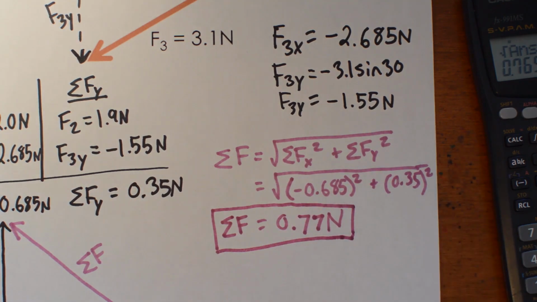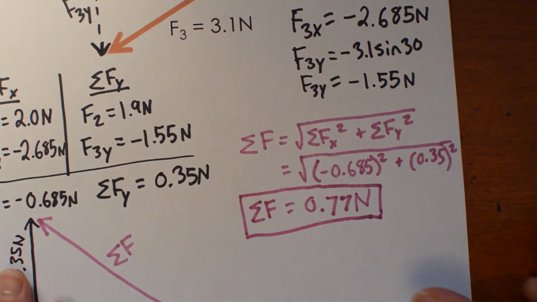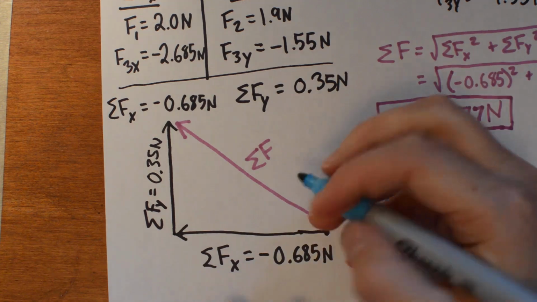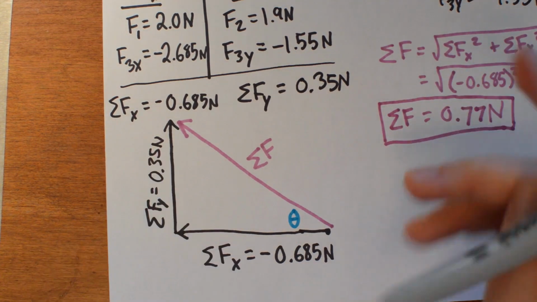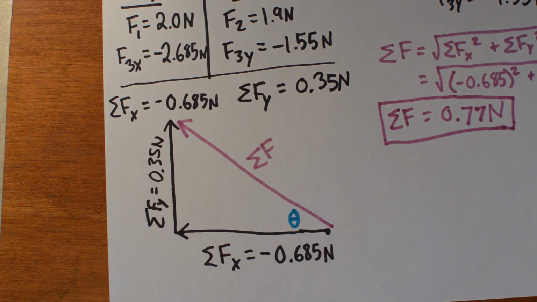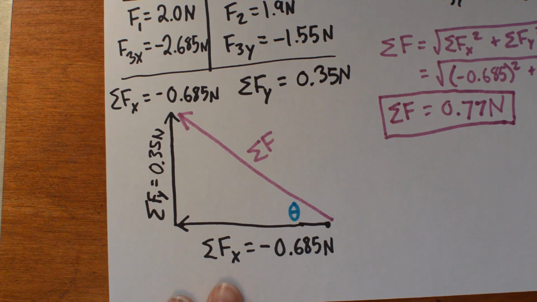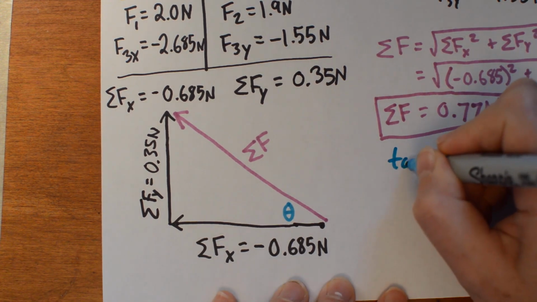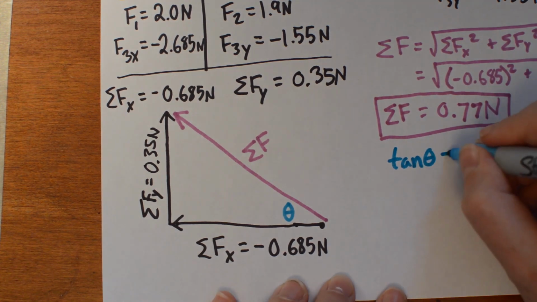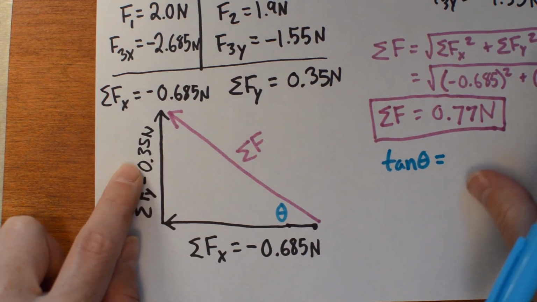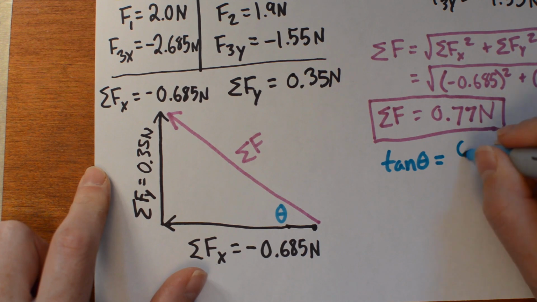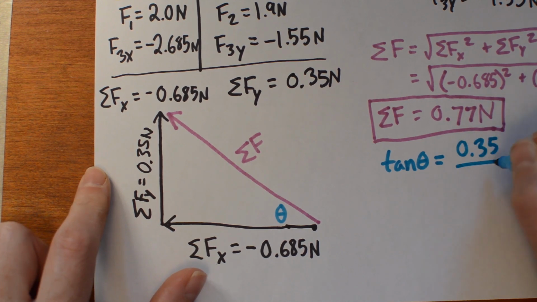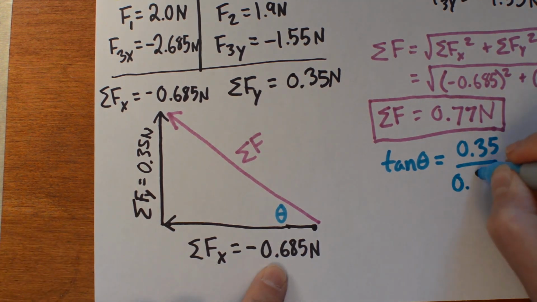I also need an angle, so maybe I'll find this angle, which looks like a nice one in here. It doesn't actually matter which one you do, just as long as you indicate on your picture which one you're planning to do. So that's the angle I'm going to do here. And I'll use TOA for that. So tan theta is the opposite, that's this side here, so that's the 0.35 divided by the adjacent, the 0.685.